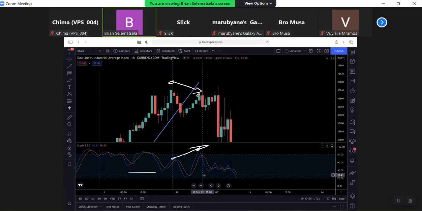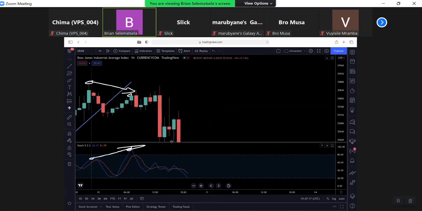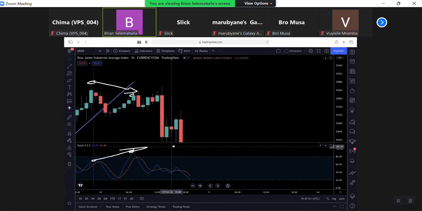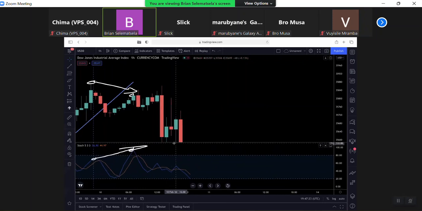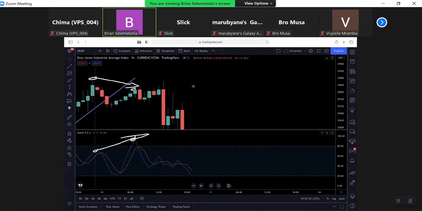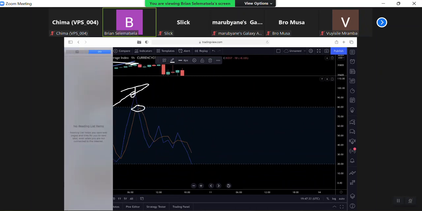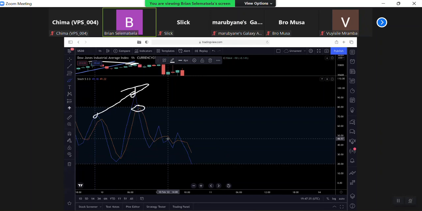You guys see these two lines inside the stochastic. Immediately after the cross, that's when an entry is taken.